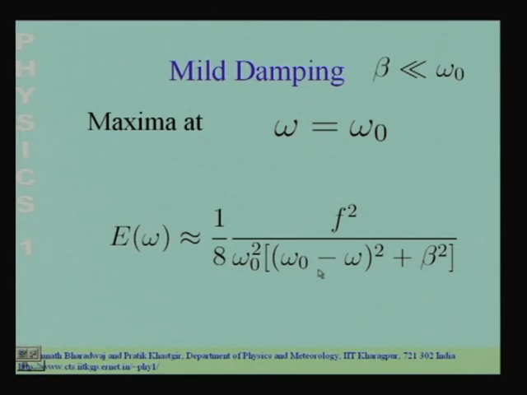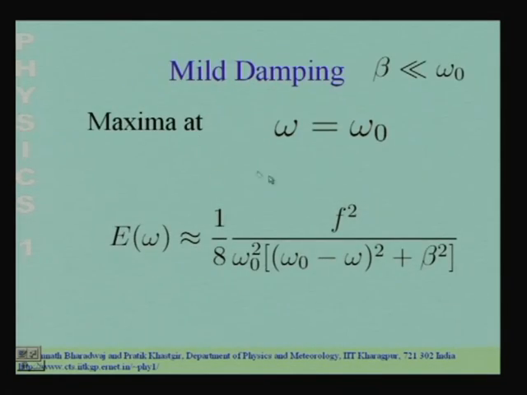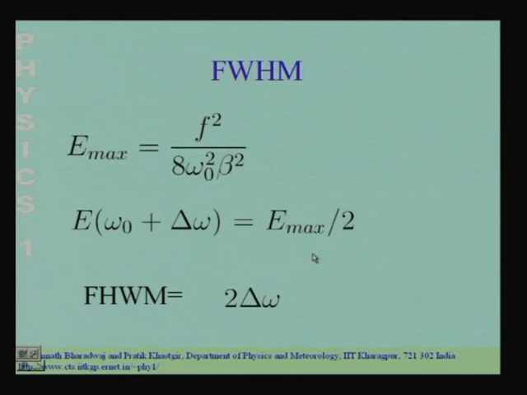Now, let us ask the question, where does the maxima of this curve occur? The maxima occurs when omega is equal to omega naught, and the maximum value of the energy is f square by 8 omega naught square beta square. So, when you set omega equal to omega naught, you get the maximum value, which is this. Now, the question is how much do you have to shift from the maxima?